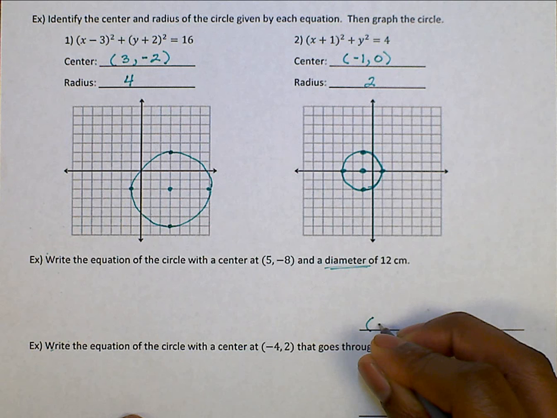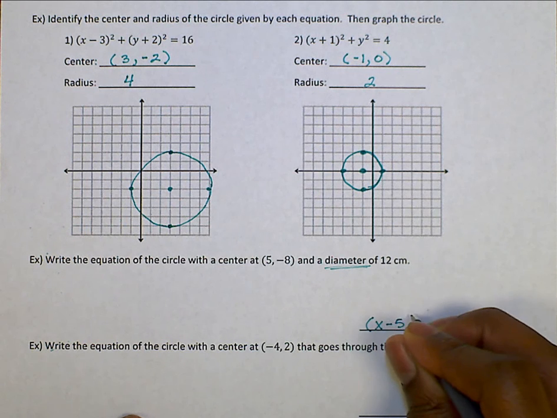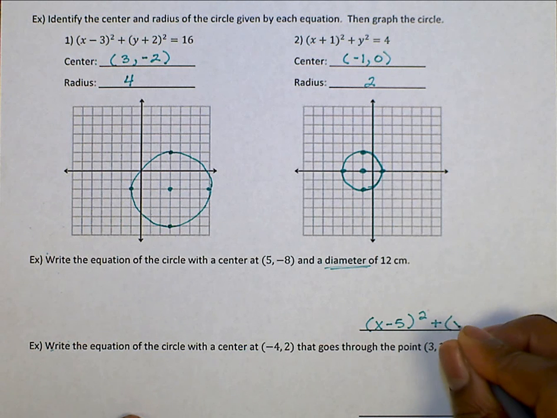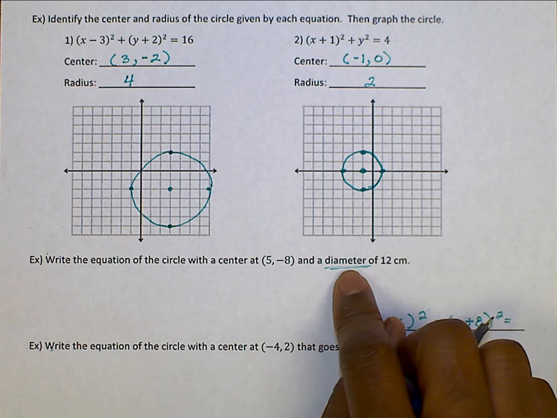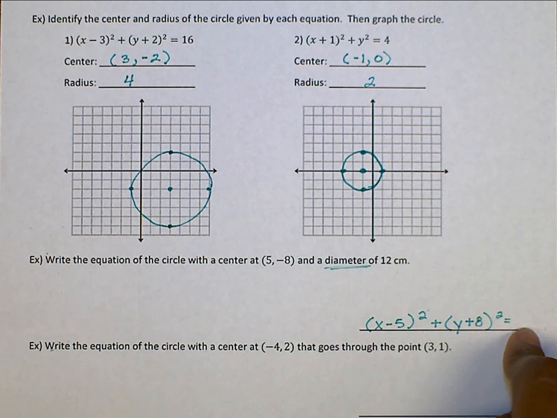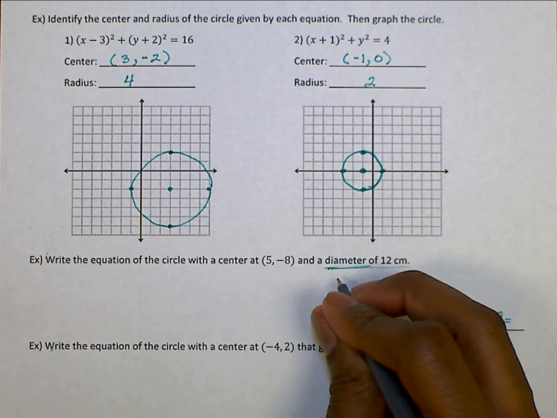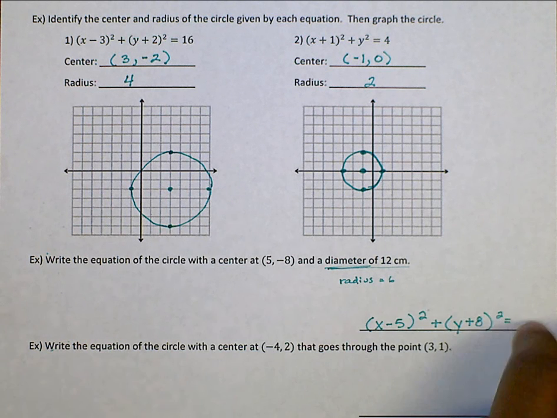We're going to have (x minus 5) squared plus (y minus negative 8), but I won't write minus negative 8, I'll say plus 8, squared equals... now here's our thinking part. Remember that in our equation we have radius squared. Here they gave us the diameter. If the diameter is 12, our radius then must be 6. So our radius squared in our equation will be 36.